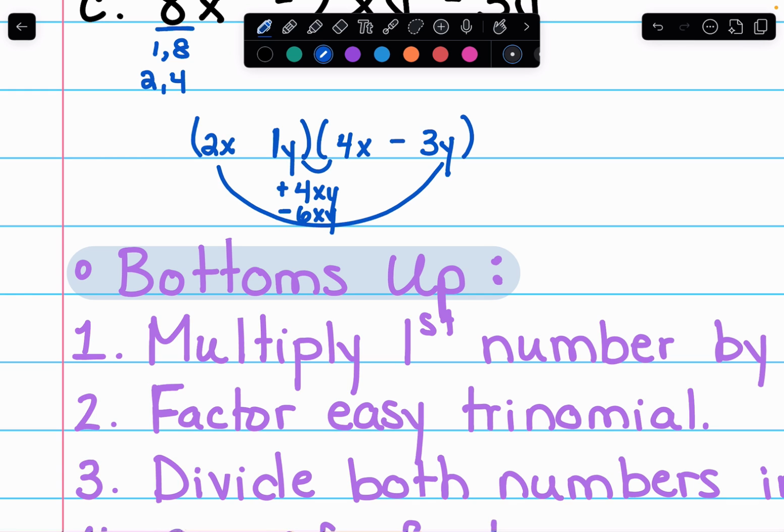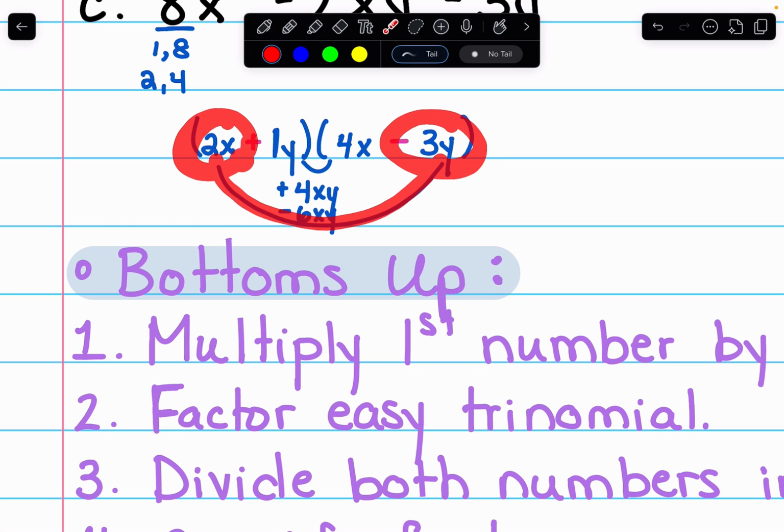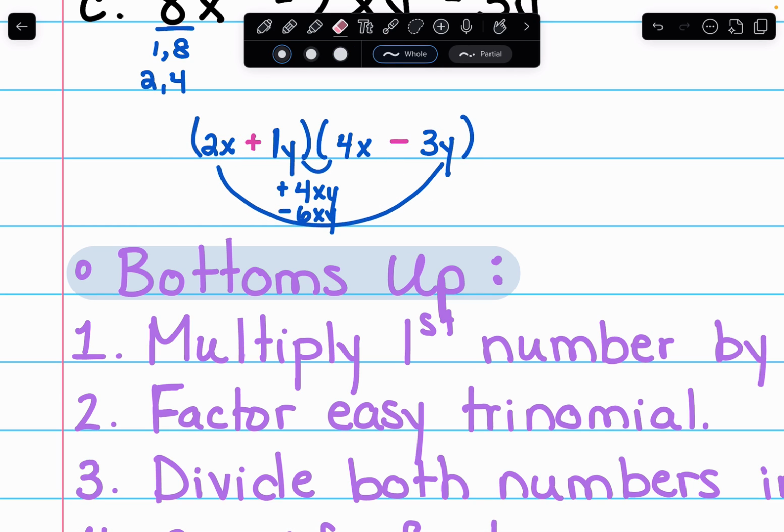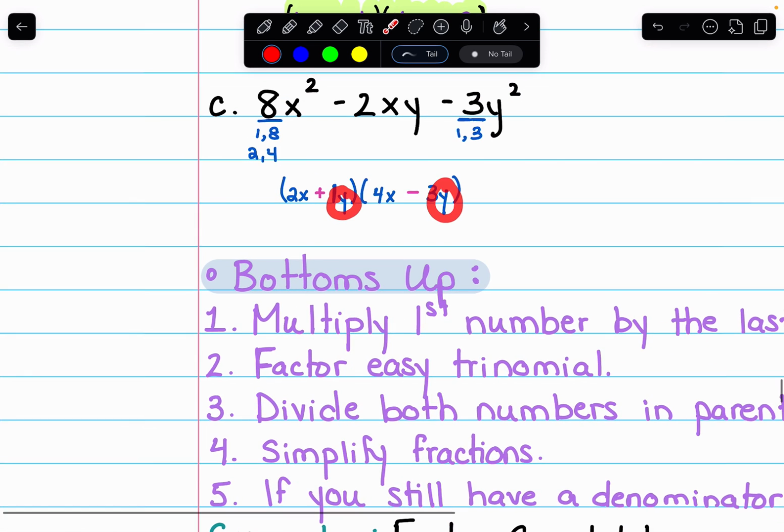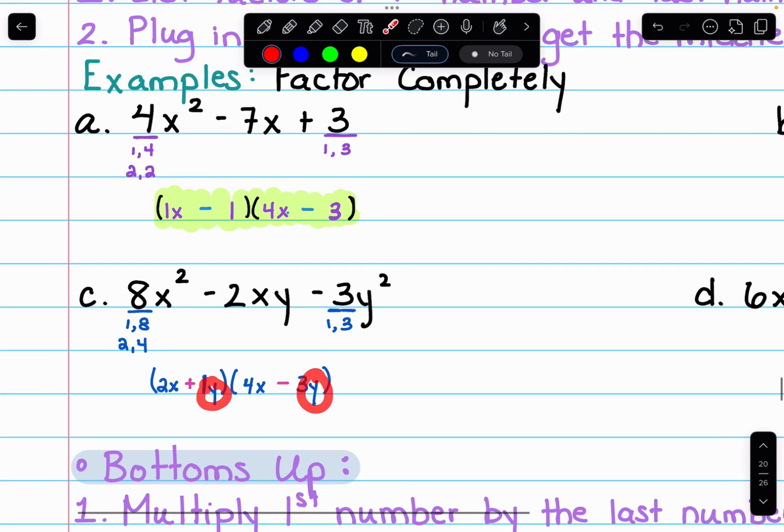Which would mean I would need to put it here and put my positive here, because I needed to multiply these two numbers together and get negative. So that's positive times a negative. Okay, only difference was I had this y on the back of it. Okay.